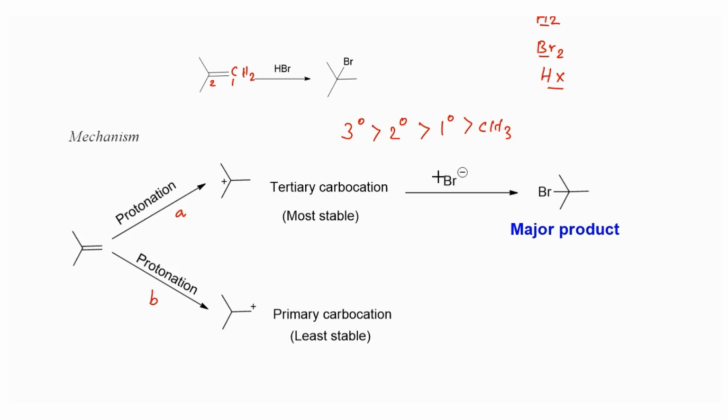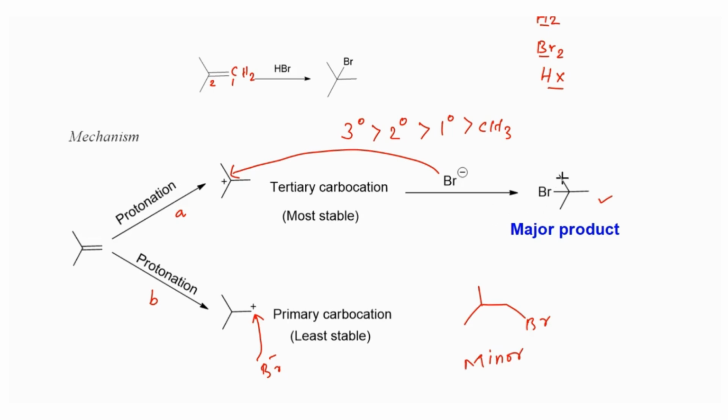Then the bromide ion will come and attack this carbocation, so we will get this as the major product. But this one is the least stable, so it will form only in a very minor amount. If the bromide attacks this primary carbocation, finally we will get a product like this, but this is a minor product.